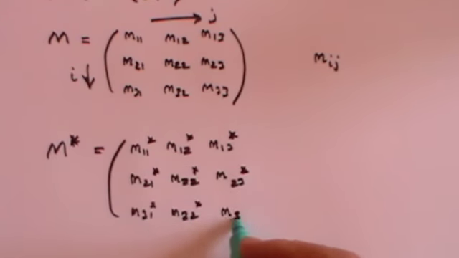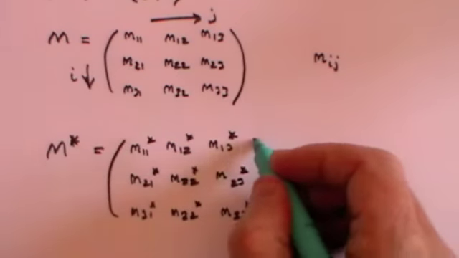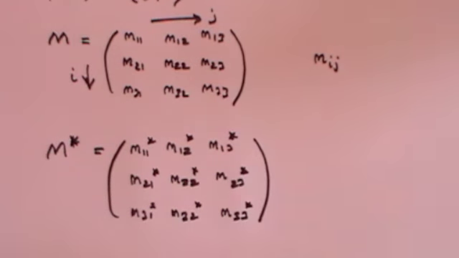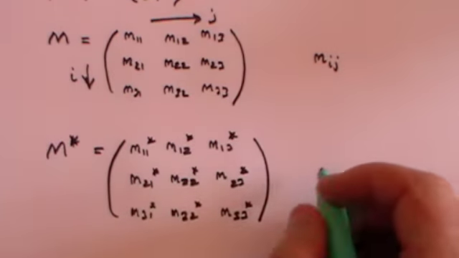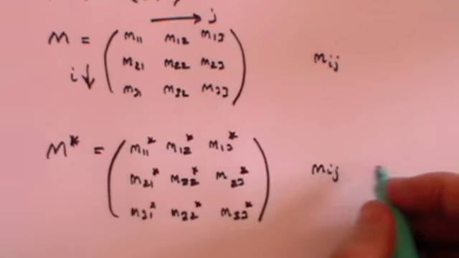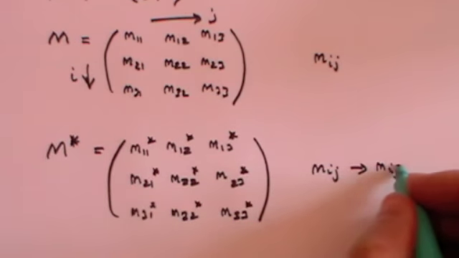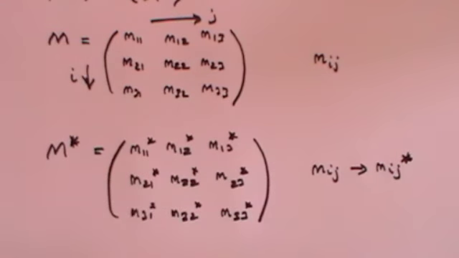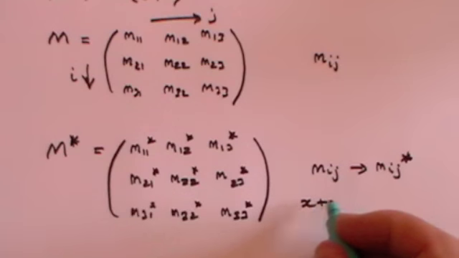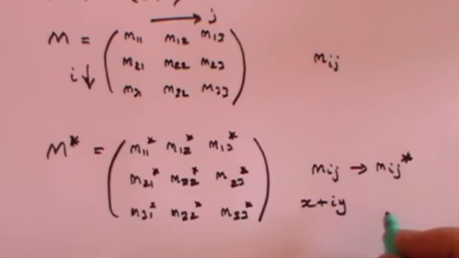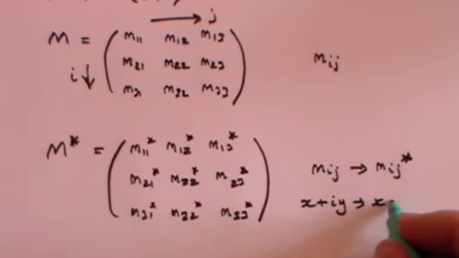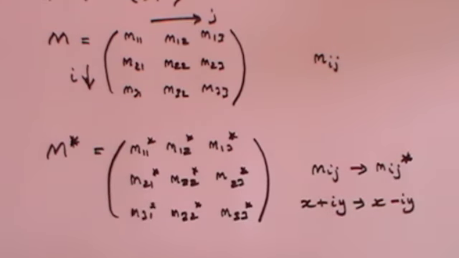We know what that means. It means that the imaginary term changes sign. So here is the matrix. Here is the complex conjugate of the same matrix. In other words, Mij has become Mij star. And just to remind you again what that means, if the complex number is x plus iy, then the complex conjugate becomes x minus iy.